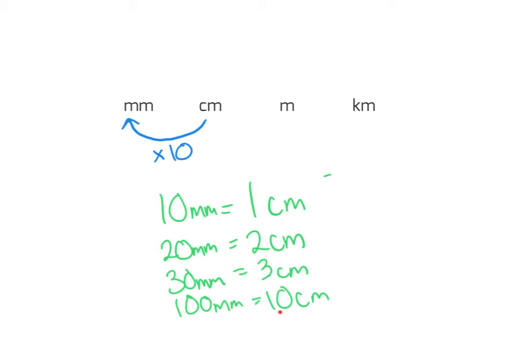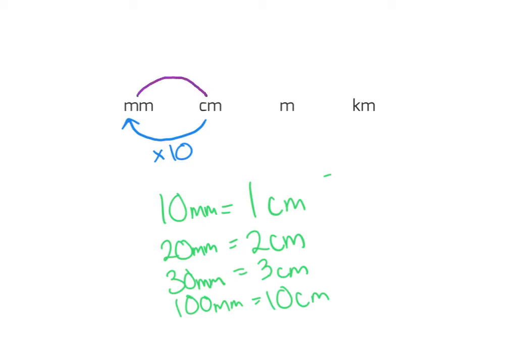If I have 10 centimeters, 10 times 10 is 100. So, to go from centimeters, no matter how many of them, all you have to do is multiply it by 10 to give you how many millimeters there are. And then we can do that in reverse. So to go from millimeters back to centimeters, oops, let me get my pen working.